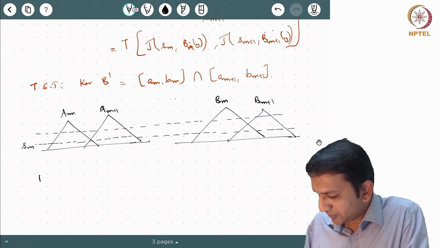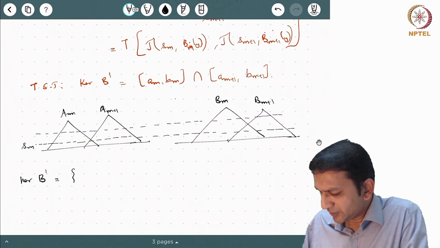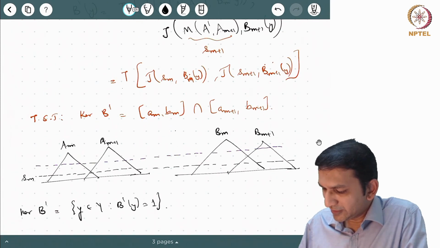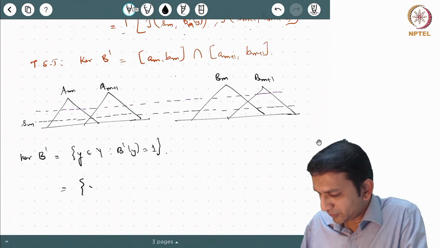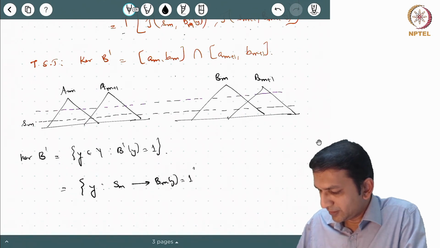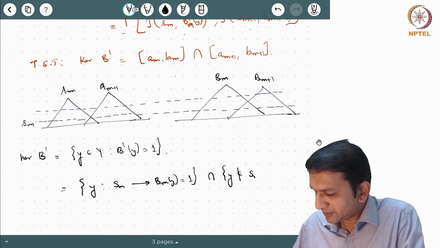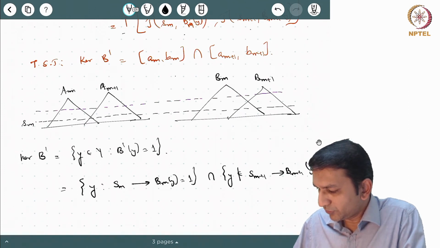What we want is the kernel of B dash. Now this is clearly the set of all y, element of Y, such that B dash of y is equal to 1. Once again, T is a T-norm, that means both of these should be equal to 1. It is nothing but the set of all y such that Sm implies Bm of y is equal to 1, intersection the set of all y such that Sm plus 1 implies Bm plus 1 of y is equal to 1.